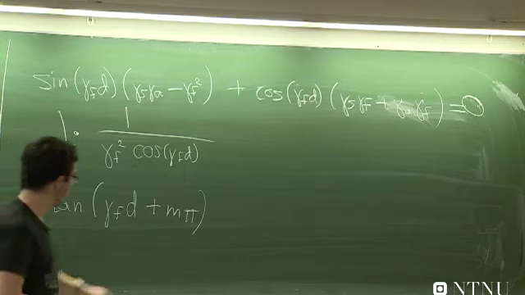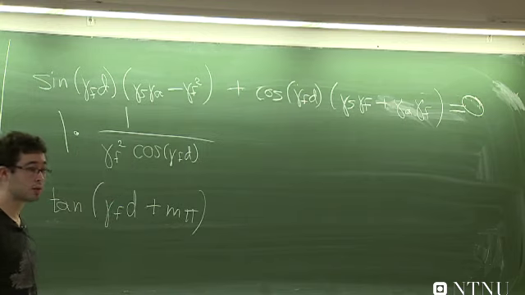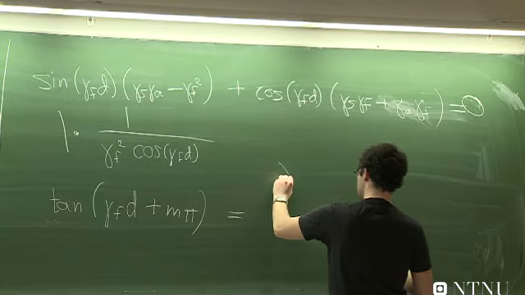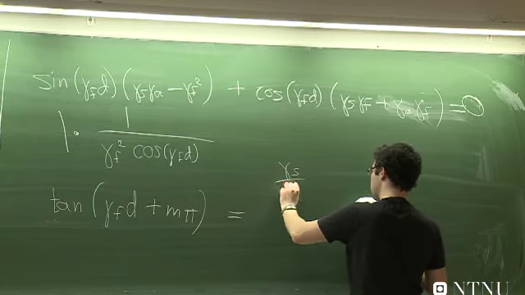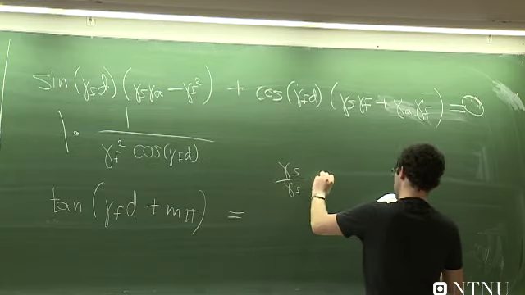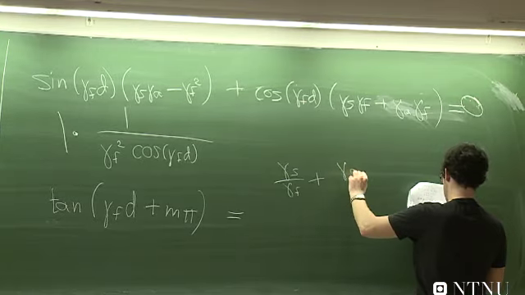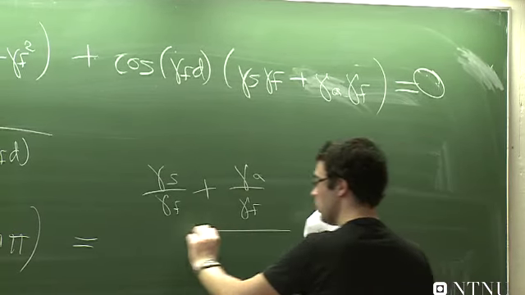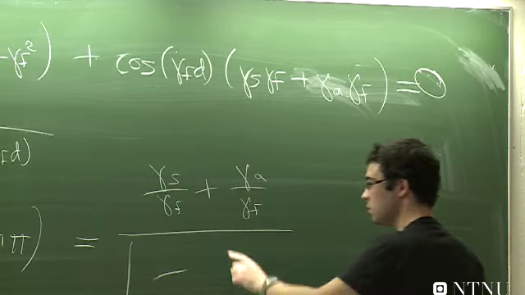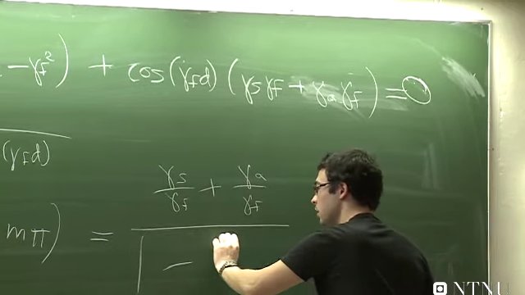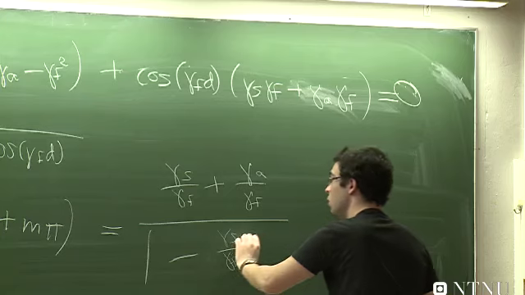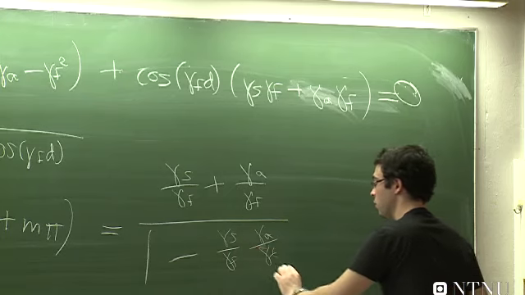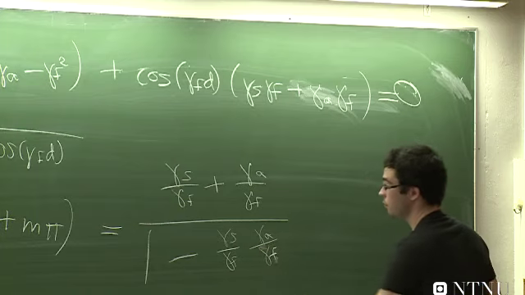So I can just add any number of pi's and you will still get the same answer. That's equal to gamma s over gamma f plus gamma a over gamma f divided by 1 minus each of these fractions multiplied. That's gamma s over gamma f, gamma a over gamma f. Like that.